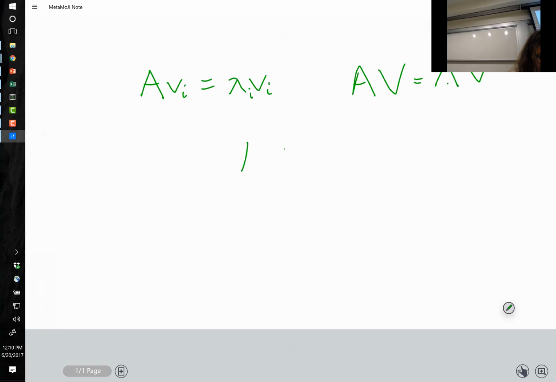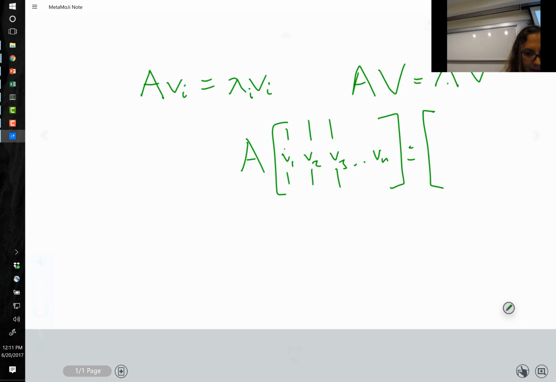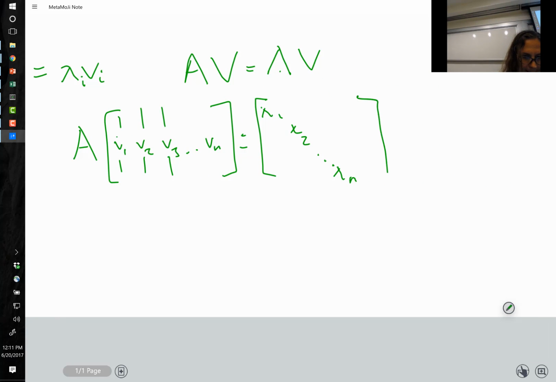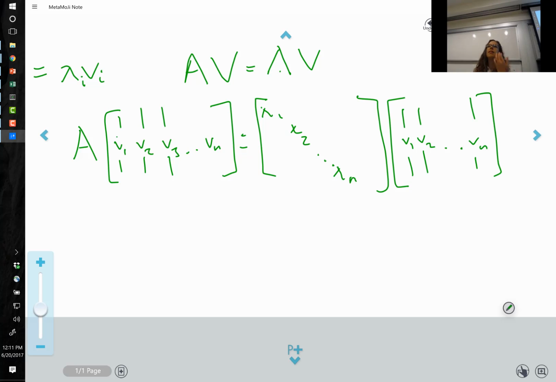You could think of this as A times V1, V2, V3, and so on, equals lambda 1, lambda 2, on down to lambda n, times V1, V2, up to Vn. This is a way to consolidate all those individual equations for the different Vi and the different lambda i into matrices.